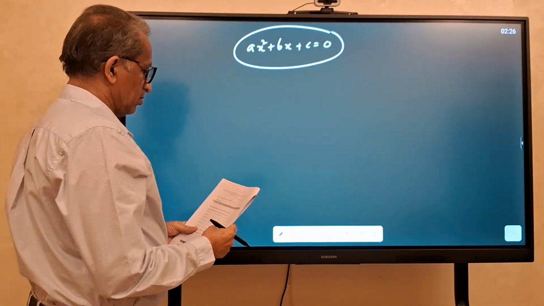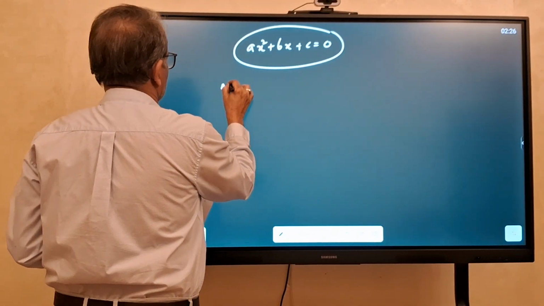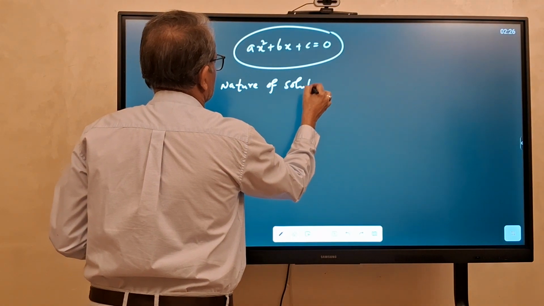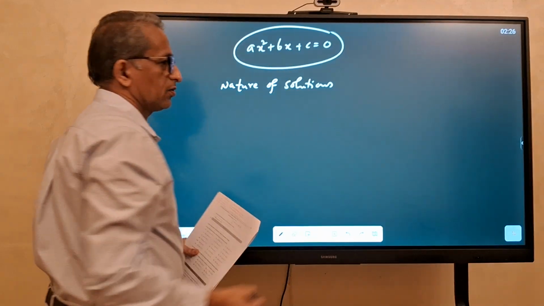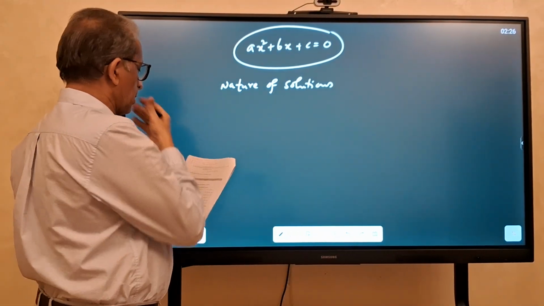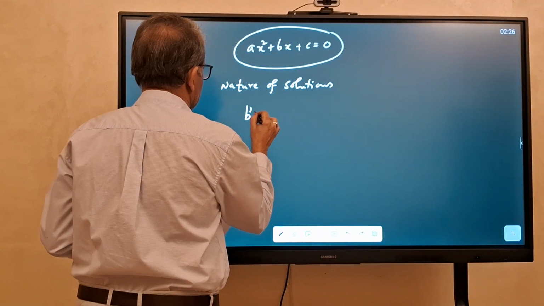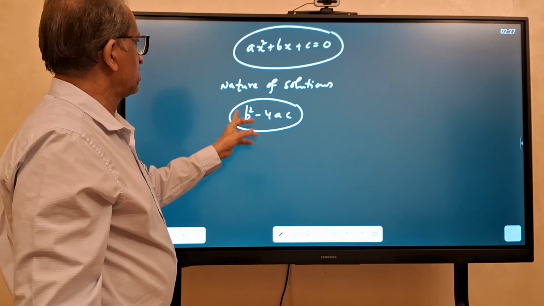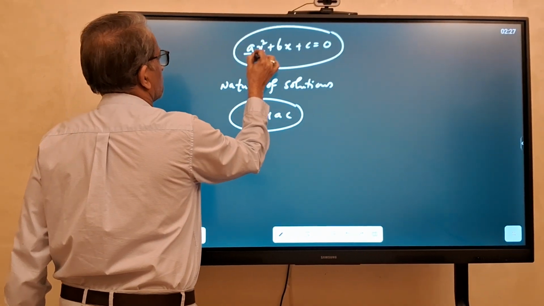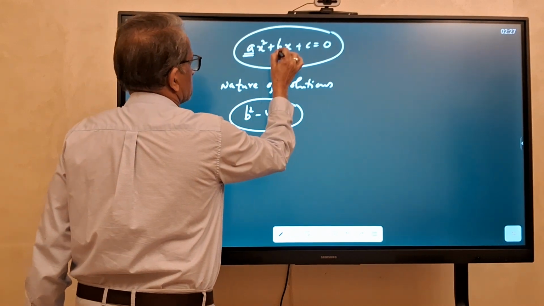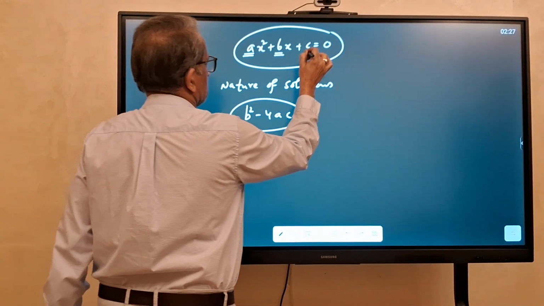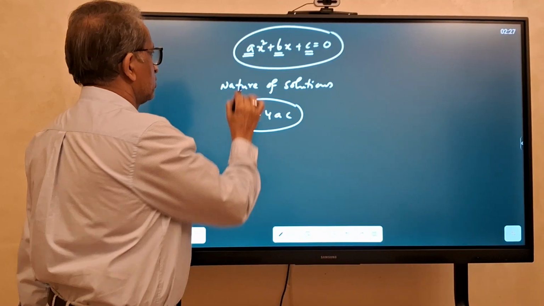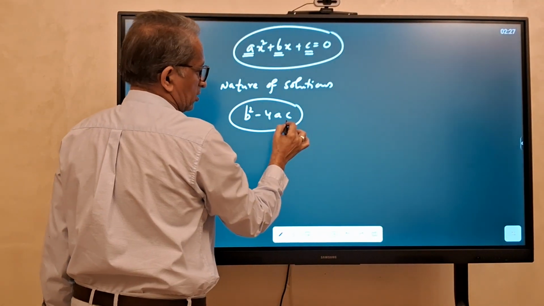But you have to be careful here that the nature of the solutions of this quadratic equation depends upon this quantity, b square minus 4ac. What are a, b, c? a is the number with x square, b is the number with x, c is a pure number, no x. So this a, b, c you put here.